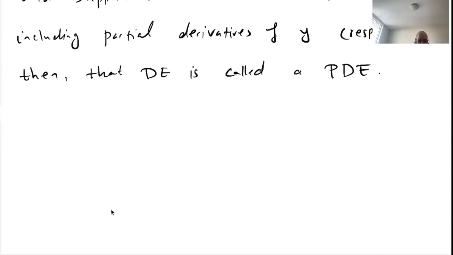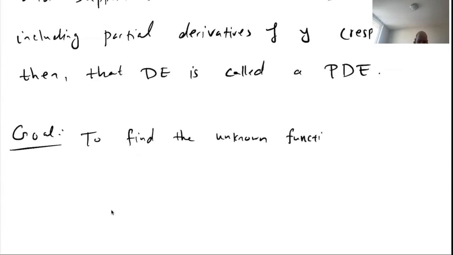So again, similar to before, the goal is to find the unknown function y equals y of x and t, given a PDE.